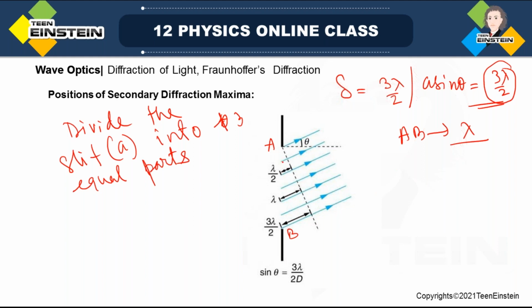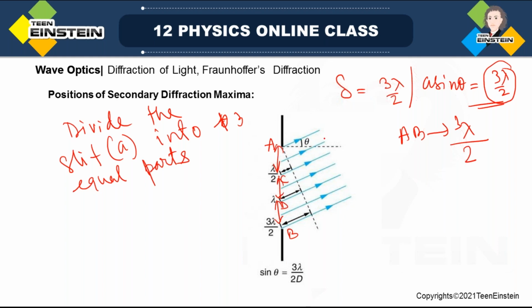If I break it into small parts, suppose this is A, B, and then C, and another one is D here. Now you look, this part is lambda by 2, this part is lambda by 2, and this part is lambda by 2. Now AB is actually giving you how much? 3 lambda by 2 path difference.